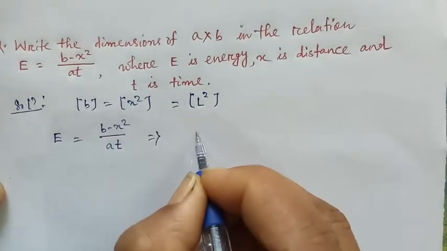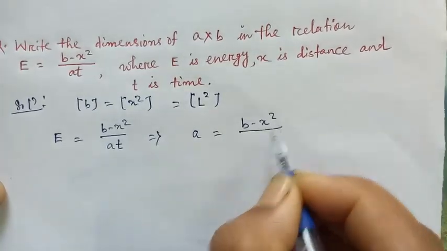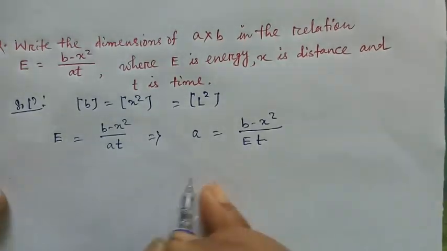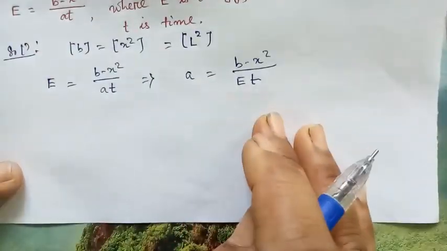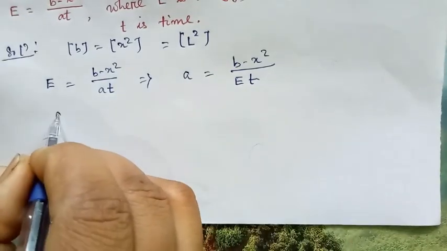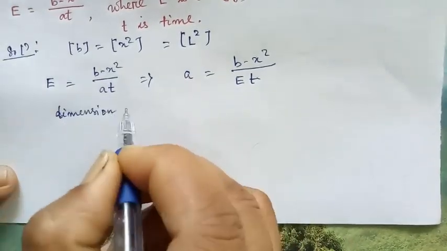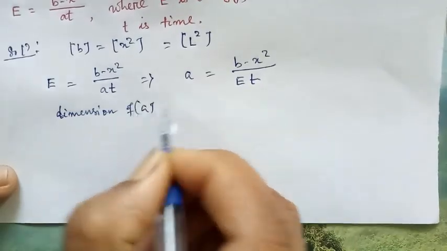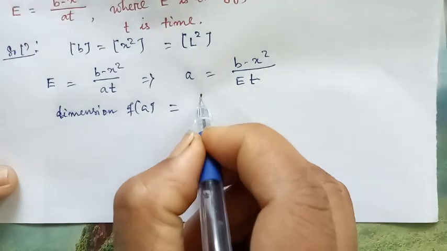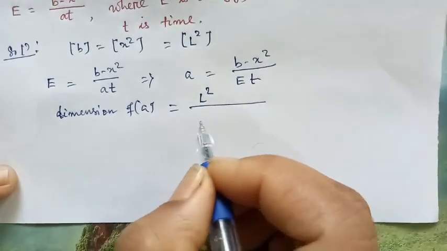From here we can write A = (B - x²)/(E T). So the dimension of A is the dimension of B or x², that is L², upon the dimension of E, that is energy.